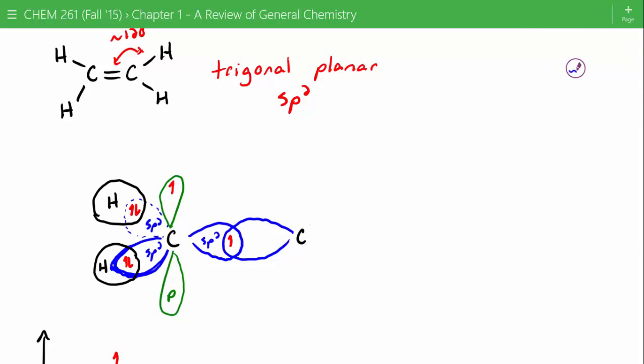And it's got an sp2 orbital kind of pointed back, and then one that's sticking out. So this is sp2, sp2, and sp2. And each of these has one electron in them, so now we've got a sigma bond there, an unpaired electron there, an unpaired electron there, and we need to account for the p orbital.